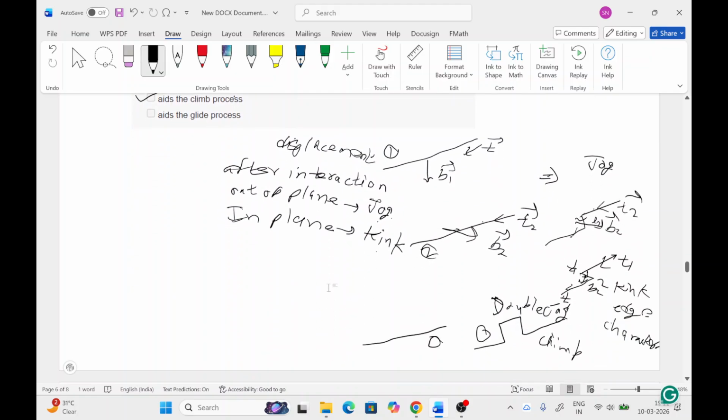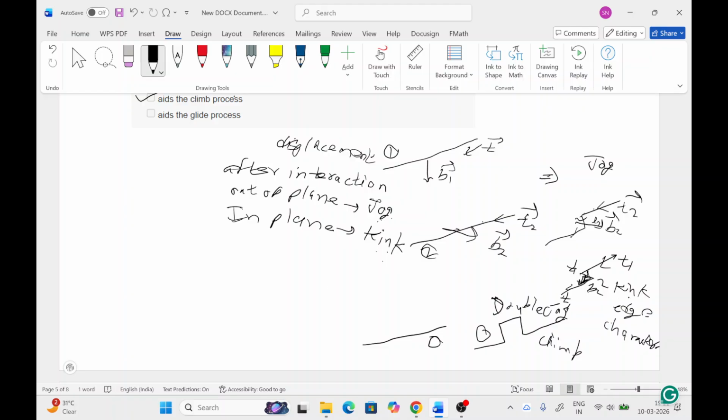So the formation of jog. If the interaction gives the displacement out of plane, it is jog, and in plane it gives kink. So the dislocation one is getting displacement in the same plane as the previous plane. But the character of this is line vector and this is the Burgers vector.